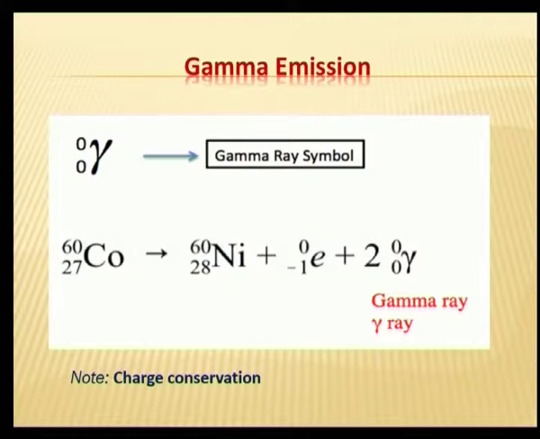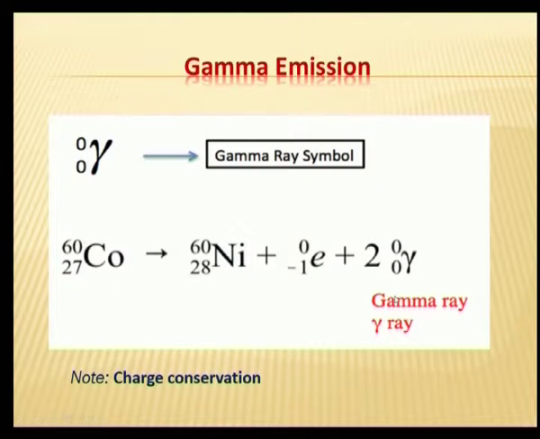Therefore, the example will be: cobalt 60 giving rise to nickel 60, an electron and 2 gamma photons. So, the gamma ray here consists of 2 photons.